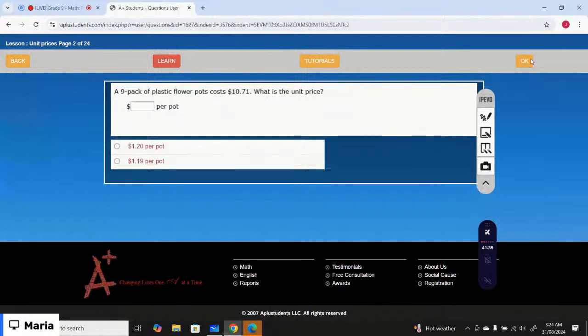A 9 pack of plastic flower pots costs 10.71. What is the unit price?